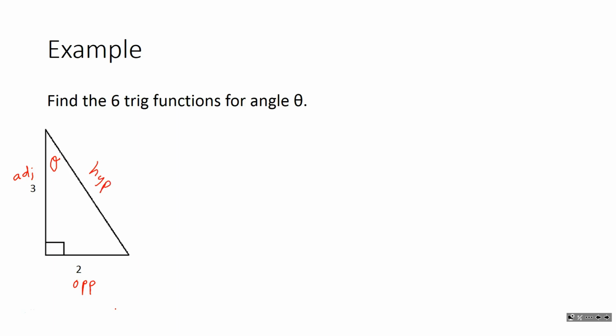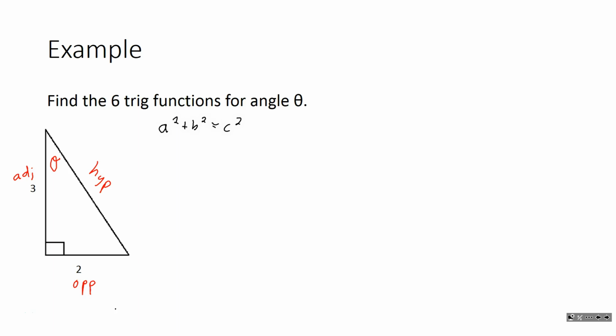Now, of course, I'm sure you also notice that I have not given you a number for the hypotenuse. So we might as well do that before we worry about anything else. We will use the Pythagorean theorem to come up with the hypotenuse. We know that a squared plus b squared equals c squared, and in the Pythagorean theorem, c is always the hypotenuse.